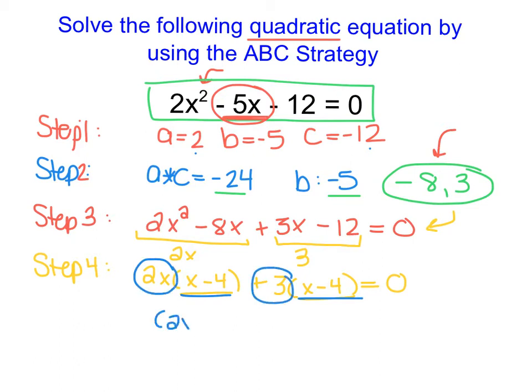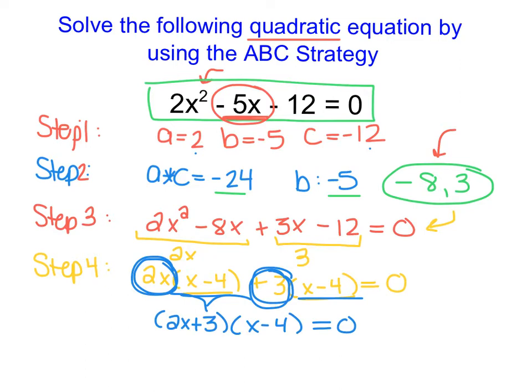So we have 2x plus 3 times x minus 4 is equal to 0. So remember, both 2x and positive 3 are being multiplied by x minus 4, so we group them together. So this takes a little bit longer to get us into factored form. Then from here, that ending process is exactly the same.